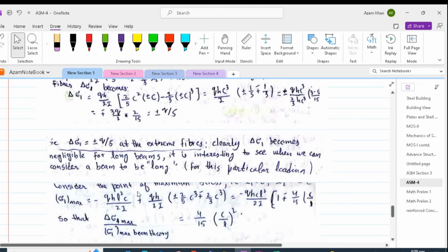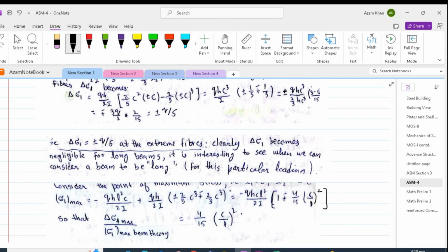That has been done over here. We have sigma 1 max equal to the value given over here, q h c l square by 2I times (1 plus 4 by 15 (c by l) square). Now this term is taken by considering x1 equal to 0 and x2 equal to plus minus c. So delta sigma 1 max over sigma 1 max will give us 4 by 15 (c by l) whole square.